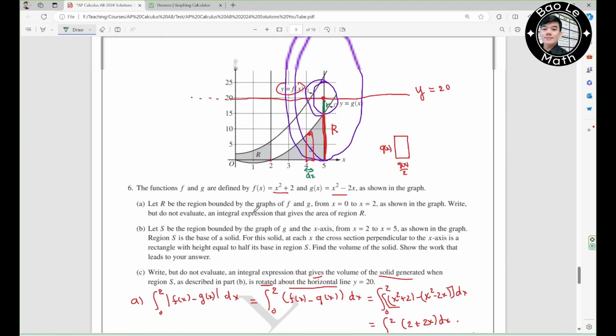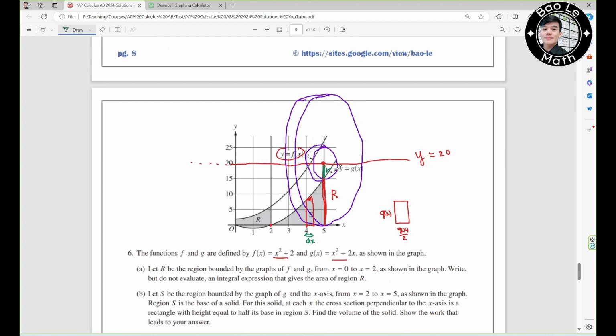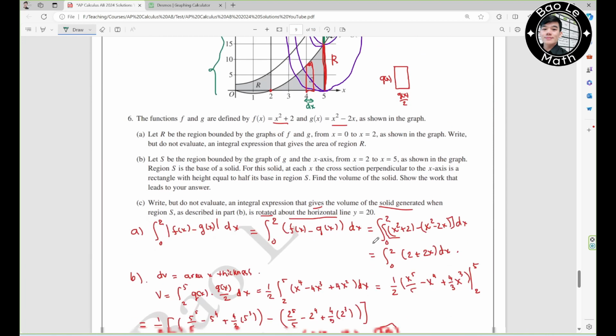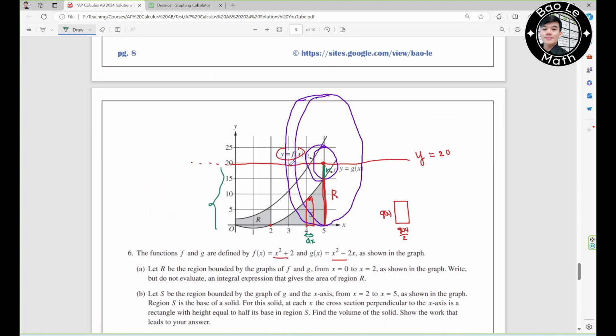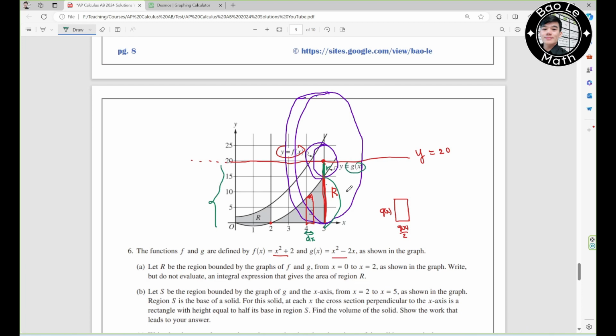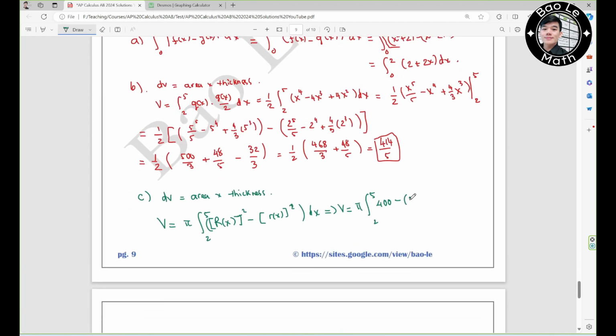Now the bigger R is going to be the distance from here to here, which is 20. So we have 20 squared, which is 400, minus the smaller r, which equals 20 subtract this guy right here. But this guy is the function g of s. So it could be 20 minus g of s, squared, ds.